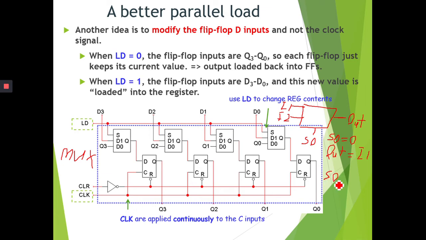If S0 is equal to 1, then the output will be I2. So this is just a mux.